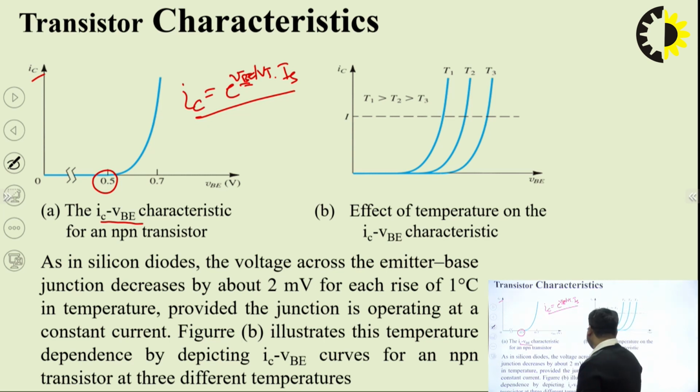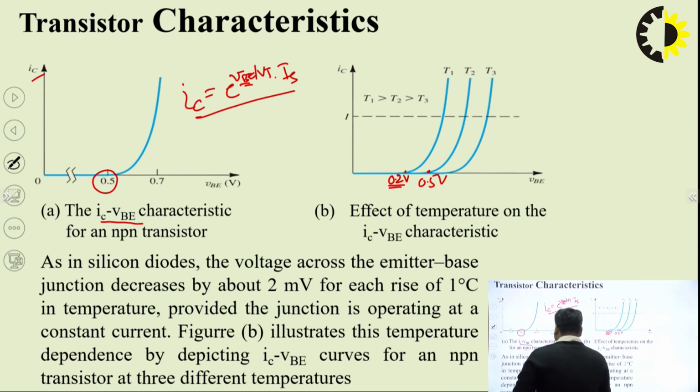If we increase temperature, then this increment in current will be obtained early. After 0.5 volt we get a rapid increment in the collector current with increasing VBE. With increasing temperature, this cutoff or knee voltage will be lowered to 0.2 volt or even more.